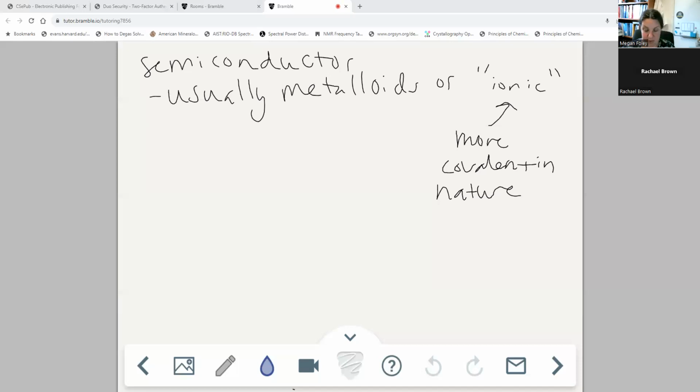So semiconductors themselves are somewhat conductive. If we think about a metal, it's conductive. It conducts electricity without any additional energy. Ionic compounds, true ionic compounds, or molecular species are what we call insulating.